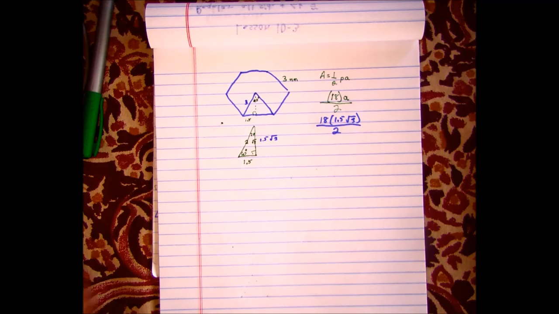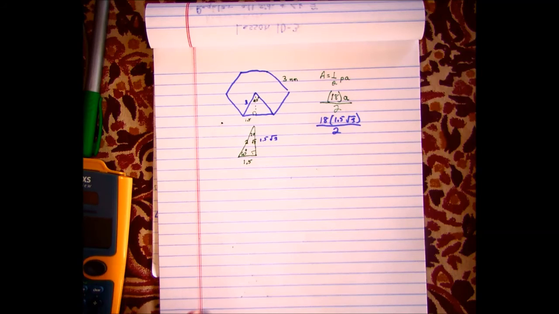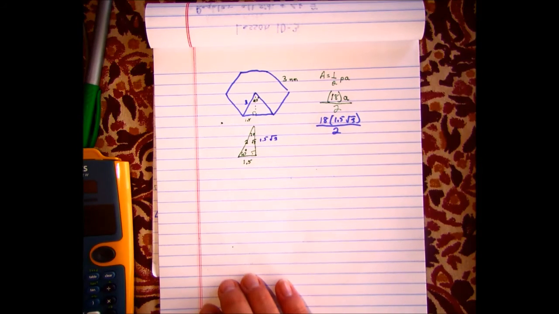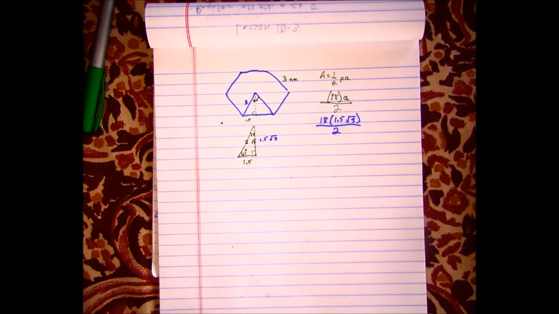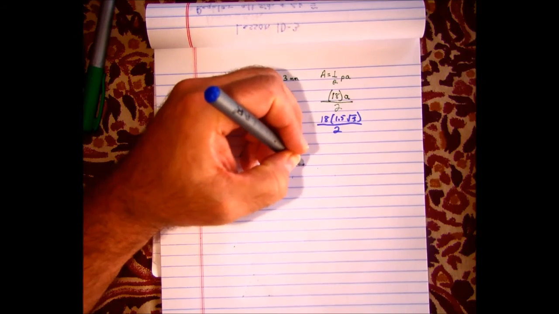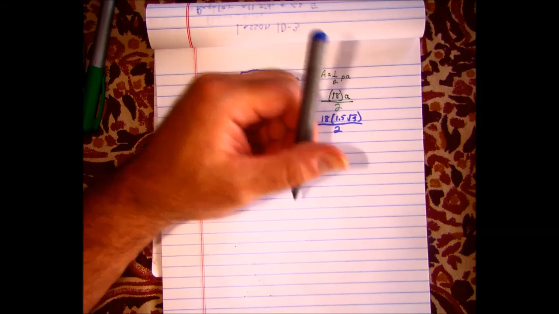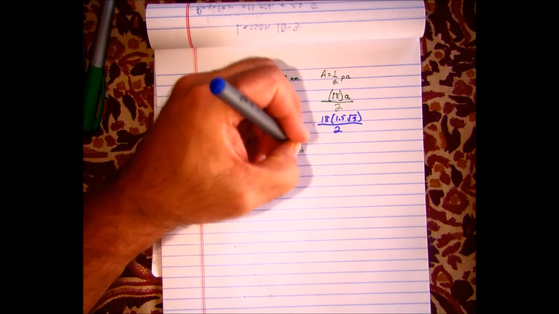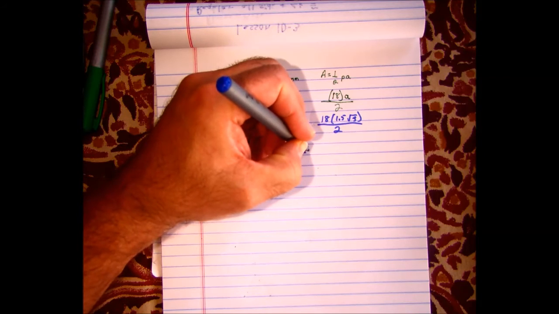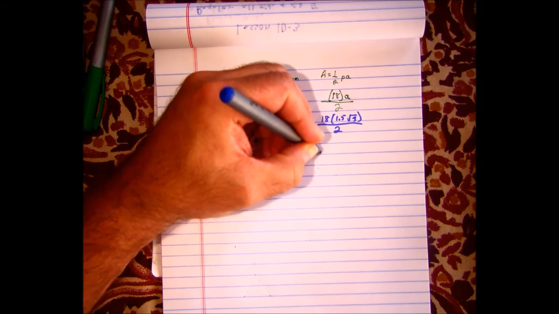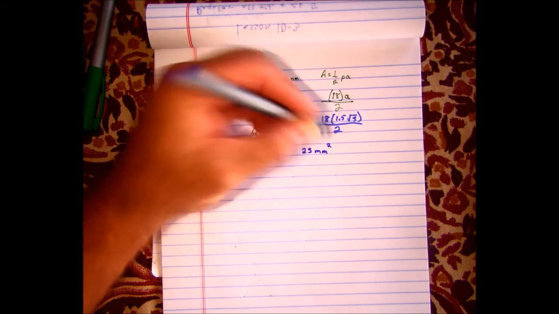Okay? So I put it in my calculator, and you should get an approximate answer. You're going to get an answer that's 15.3826859, right? So if we round this, it would be approximately 23 millimeters squared.